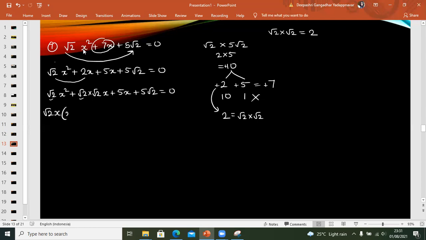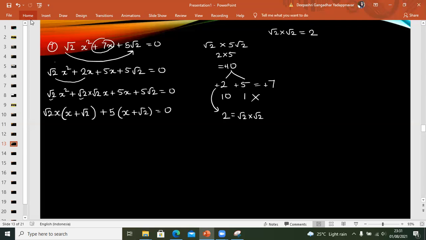What is remaining here inside the bracket? x, and here in the bracket it will be root 2 x. Root 2 only, x is out. Plus, here you can remove 5 as a common value out, inside x plus root 2. Now see, both the brackets are same.